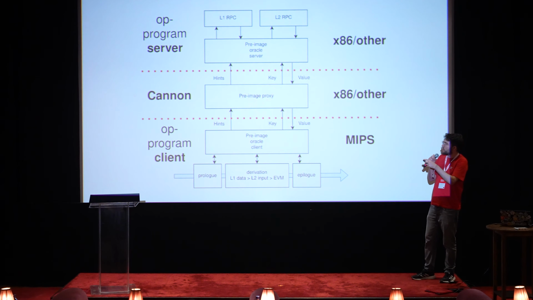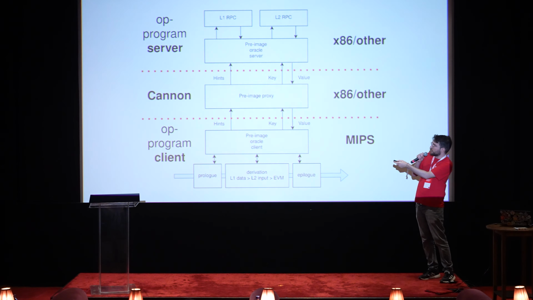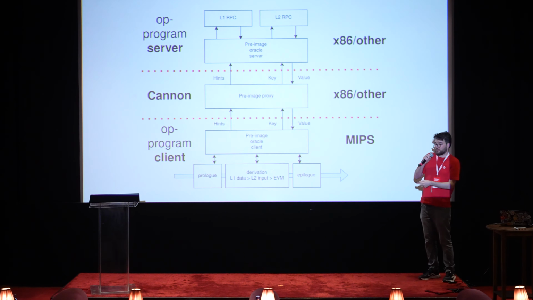And so we're going to replace the OP program server, and we're also going to replace the OP program client, but we're going to talk the same interface as the OP program does with Canon. And this interface is a combination of hints and preimage requests.